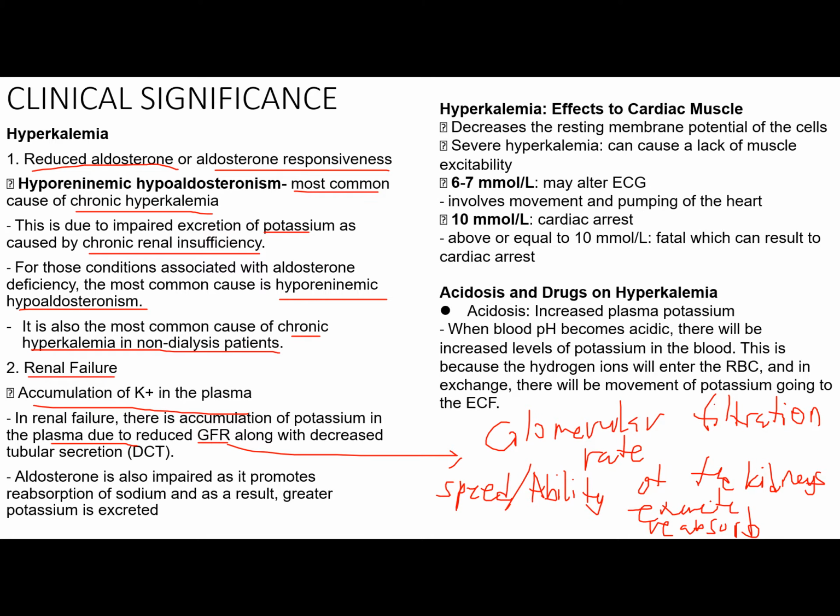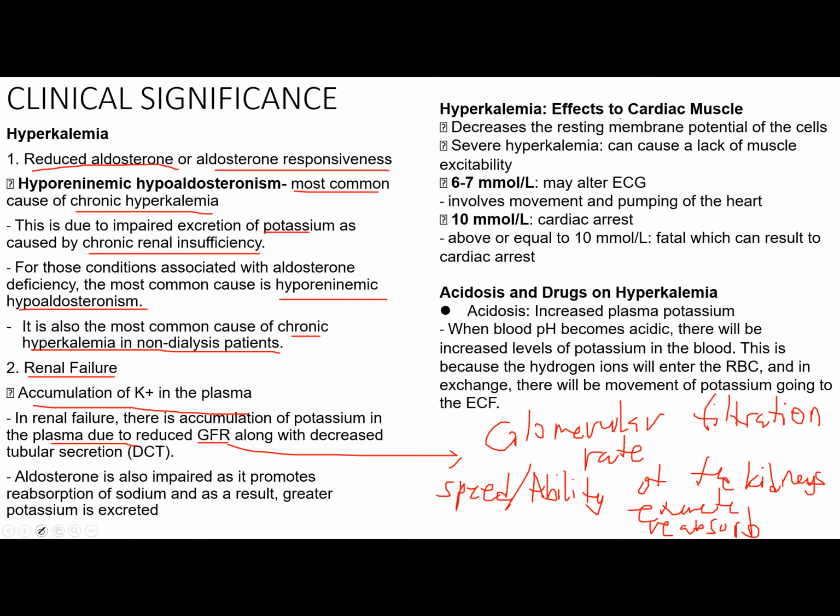So if the reabsorption or excretion of potassium is slow, class, it would lead to accumulation of potassium in your plasma. And when that happens, you will have hyperkalemia. Aldosterone is also impaired as it promotes reabsorption of sodium, and as a result, greater potassium is excreted.